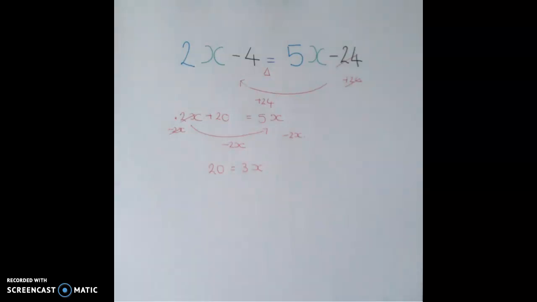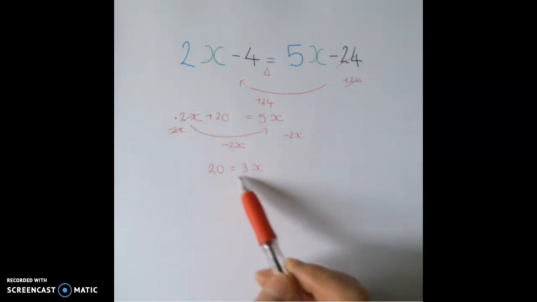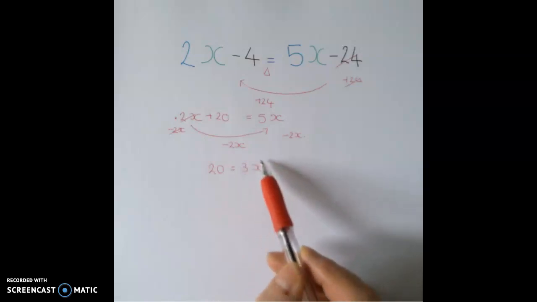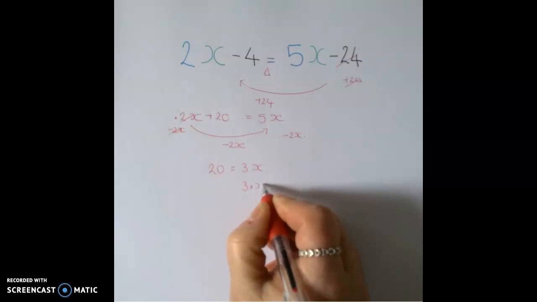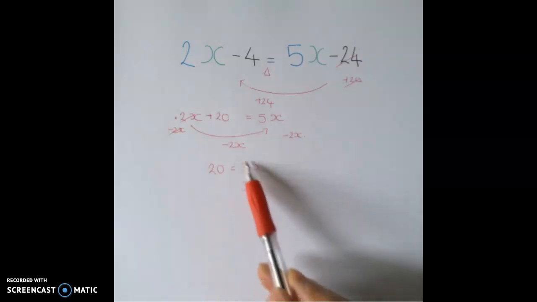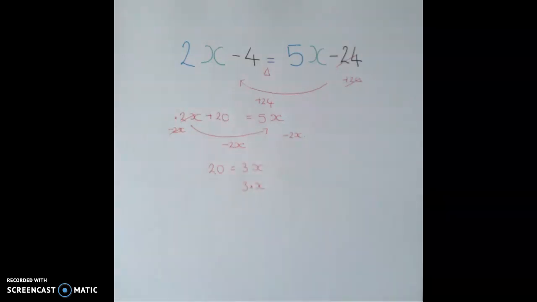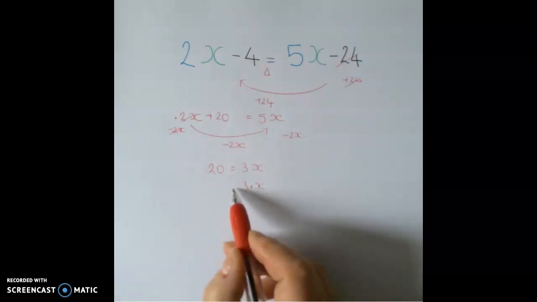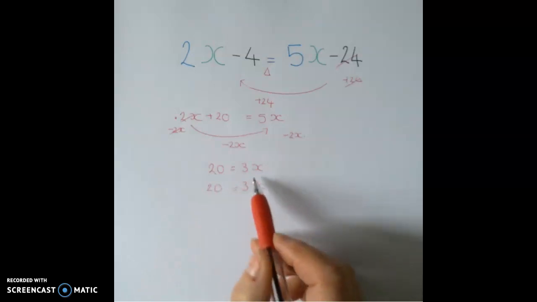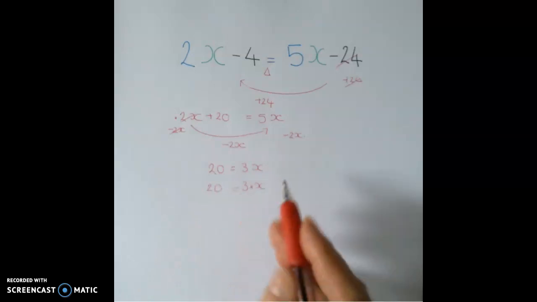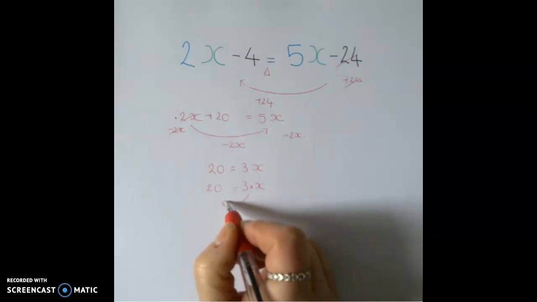So the final part of solving this equation is I have to isolate the x on its own. Now if you imagine this is the same as 3 times x, this 3 is multiplying the x. So to do the inverse, to be able to move it across, the inverse, or the opposite, of multiplying is dividing.